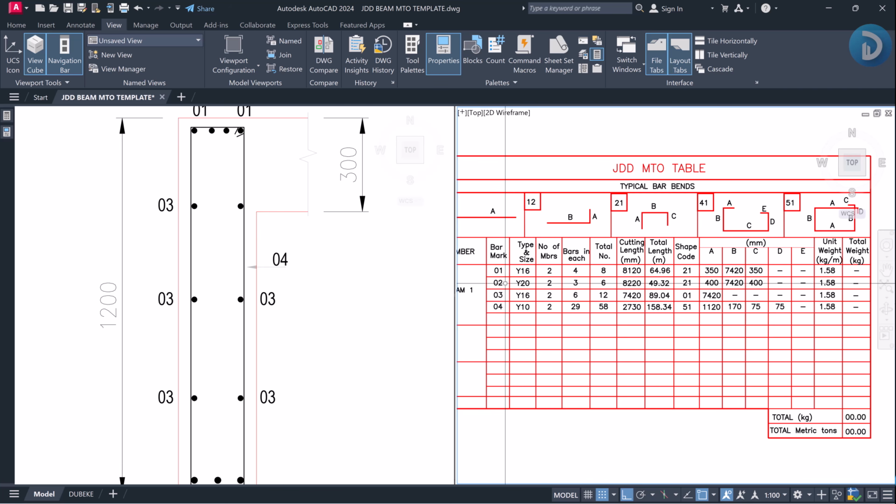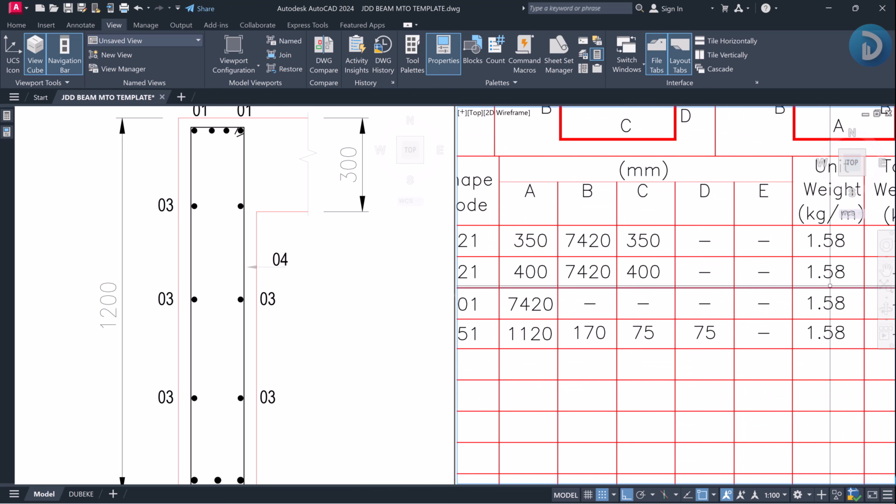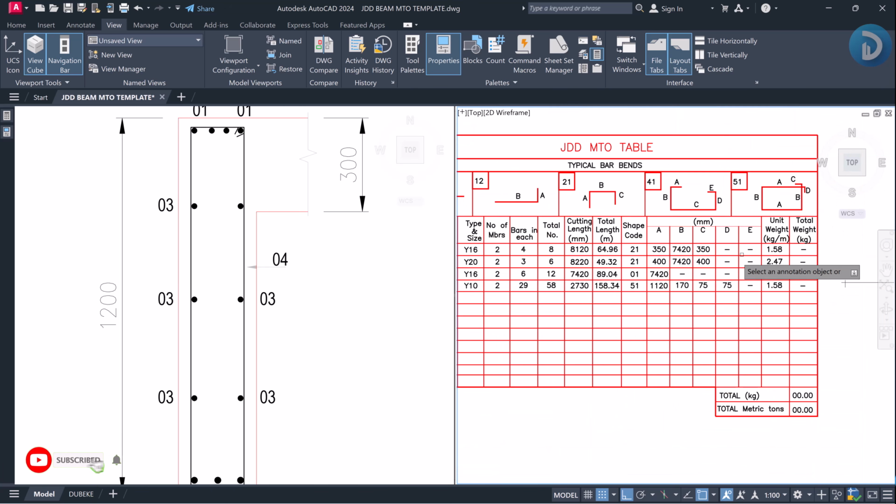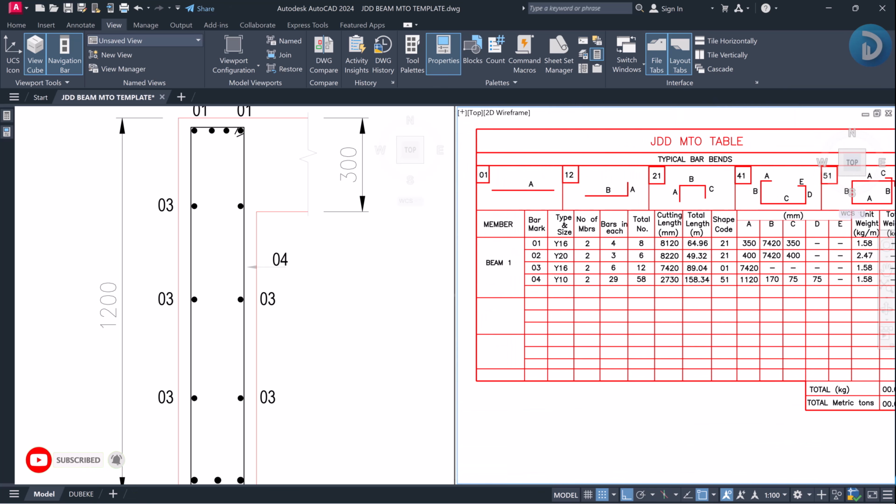Now, for a diameter 20 reinforcement, the unit weight per every 1 meter is given as 2.47. So we'll have to edit this cell to 2.47. Now moving back to the next reinforcement, which is our bar mark 03.